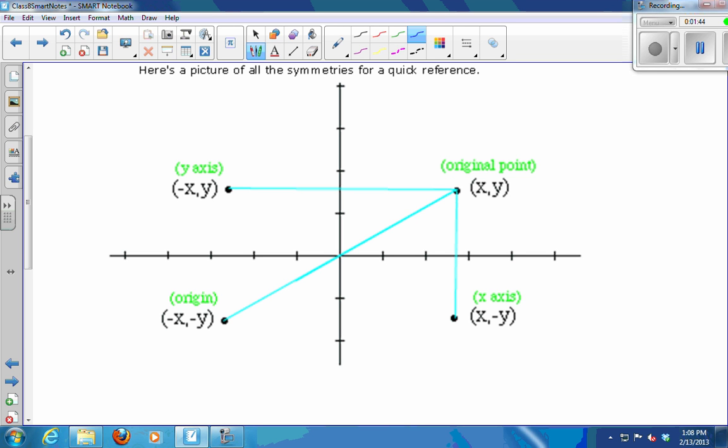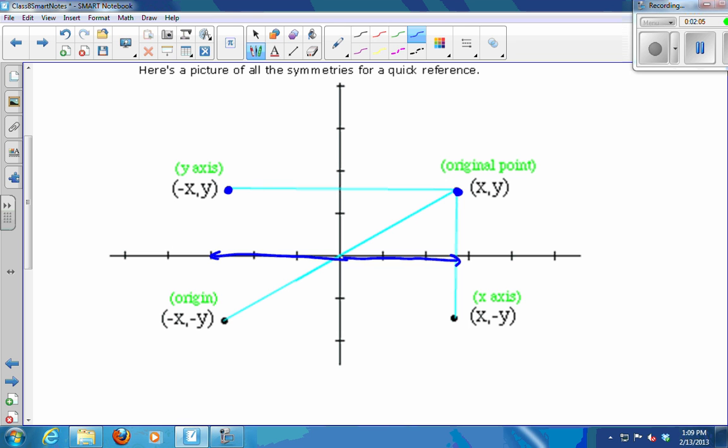If this is my original point right here, (x, y), the point that is symmetric to that point about the y-axis is over here. Those two points go the same distance away from the origin. One of them goes right and one of them goes left.